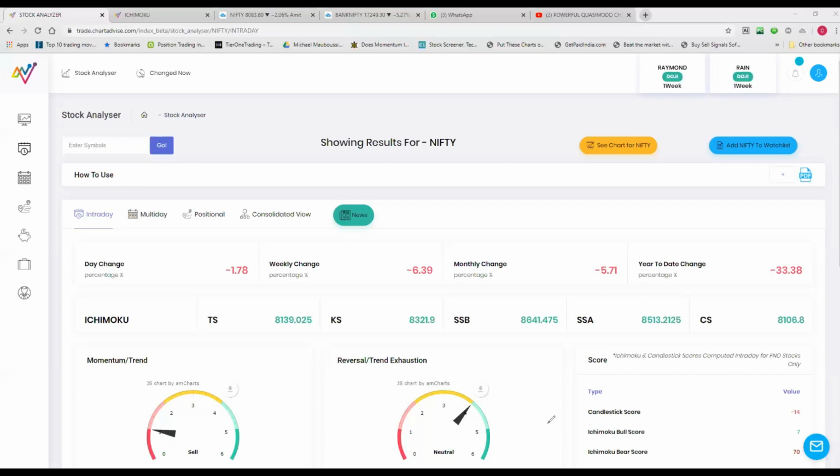What I am going to do is show you how you can analyze the Nifty without the use of a chart.